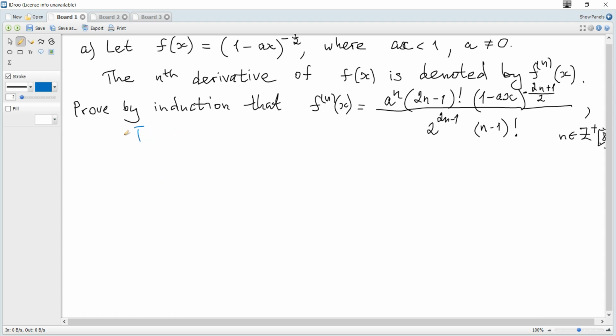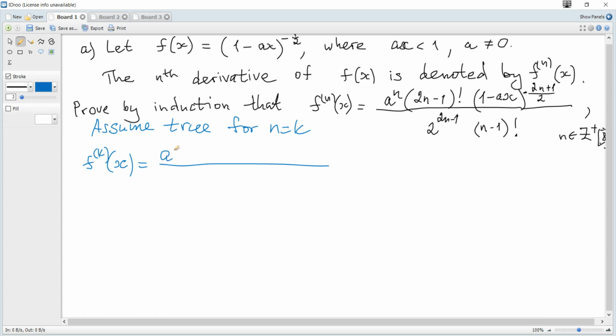So assume true for n is k, fk of x is a to the power of k, 2k minus 1 factorial, 1 minus ax to the power of negative 2k plus 1 over 2, and 2 to the power of 2k minus 1, k minus 1 factorial. Let's check.